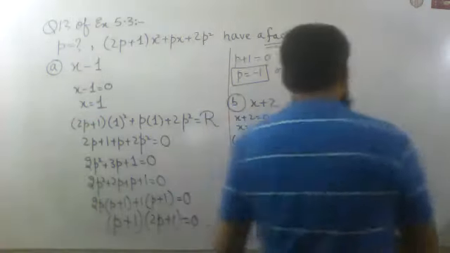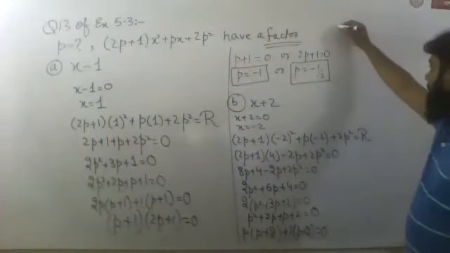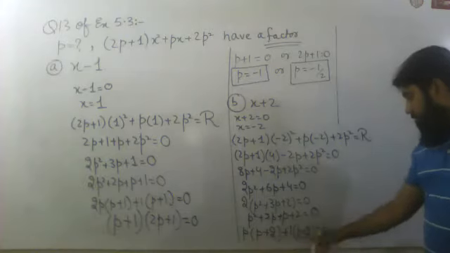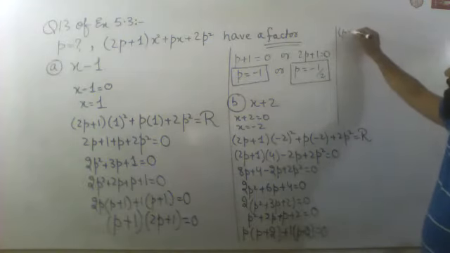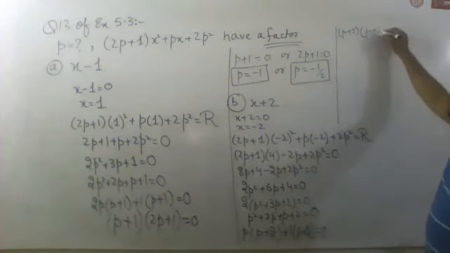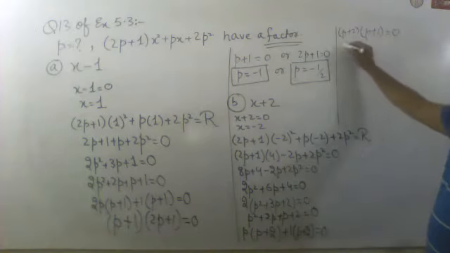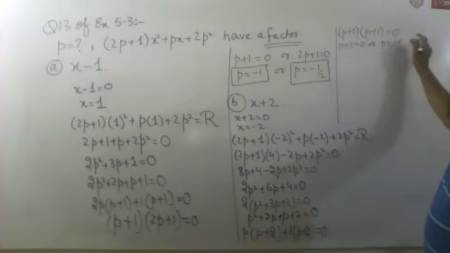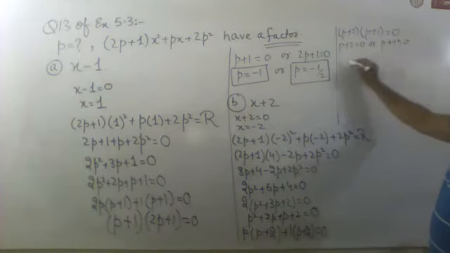Okay? So now, when I simplify this one, p plus 2 is the common bracket, multiplied by what is remaining, p plus 1. p plus 1 equals to 0. So either p plus 2 equals to 0 or p plus 1 equals to 0.